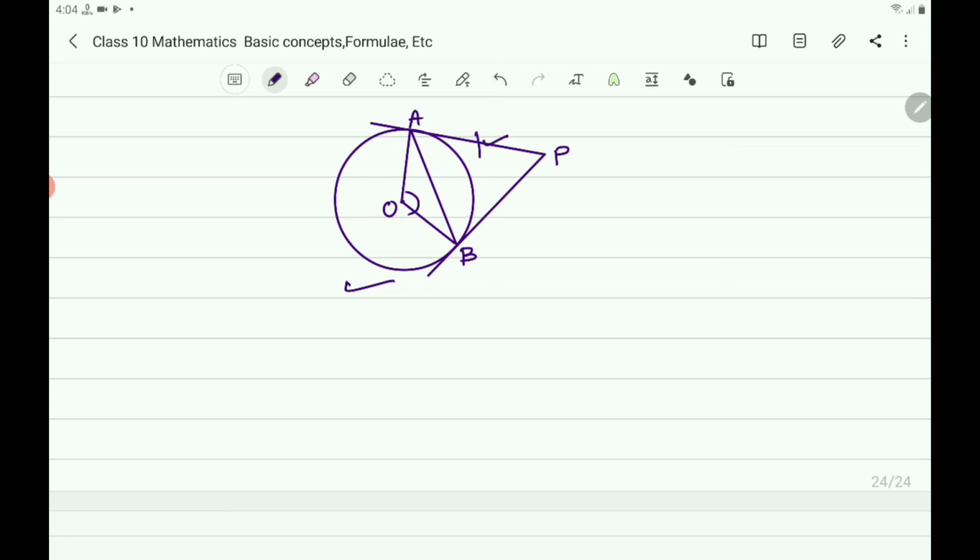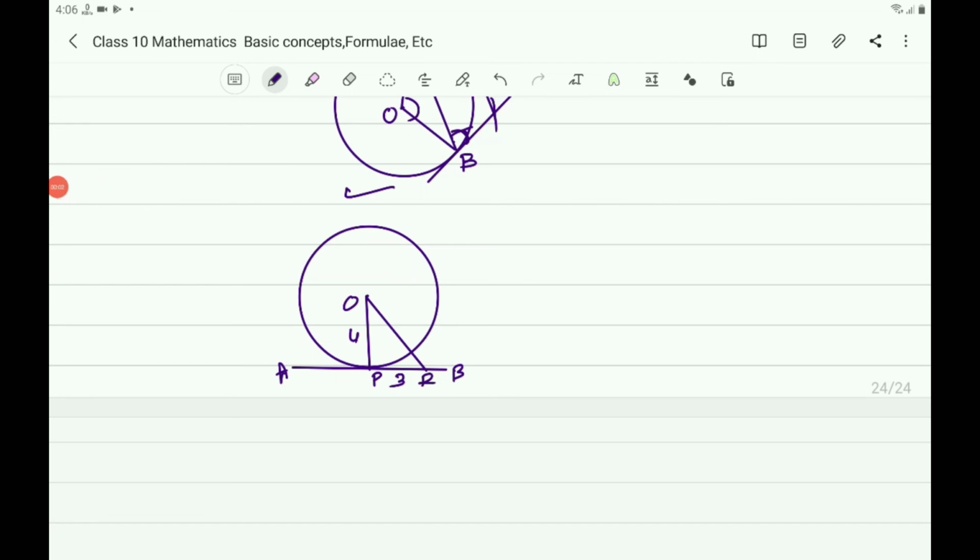So you take here these two are equal, and if you take the triangle, angles opposite to the equal sides are equal, as these two sides are equal. They are the tangents from the external point. You know that here B is a point of contact and A is a point of contact. If you join AB, you will get a chord. And the angles at A and B are equal because they are the angles opposite to the equal sides.